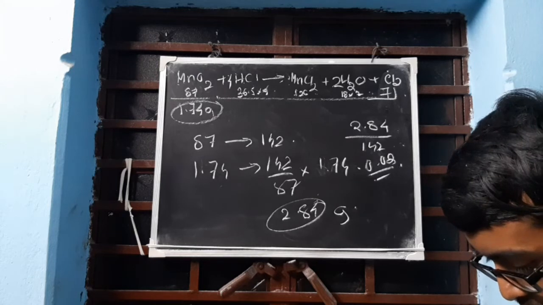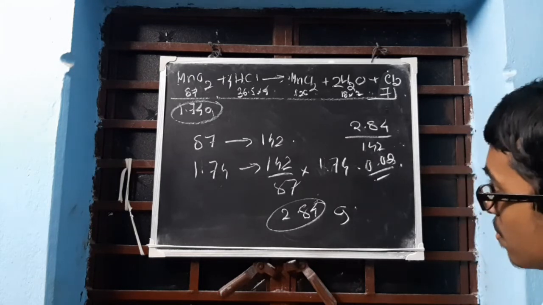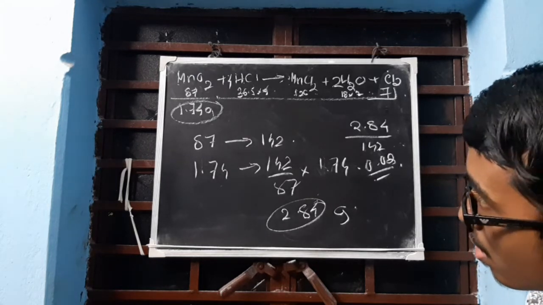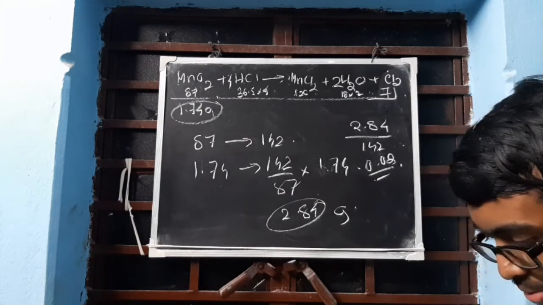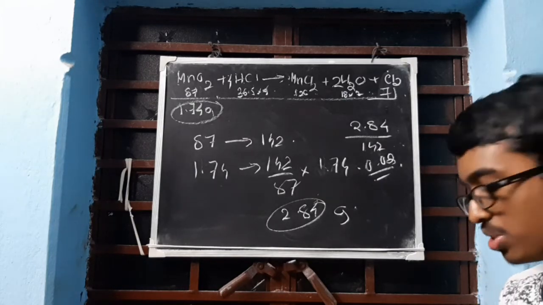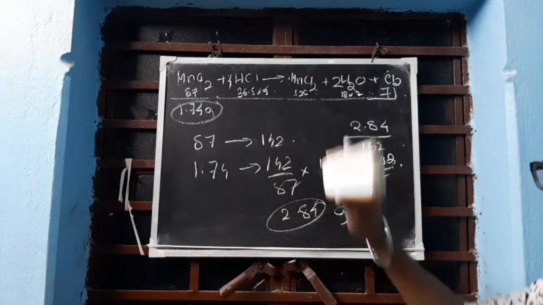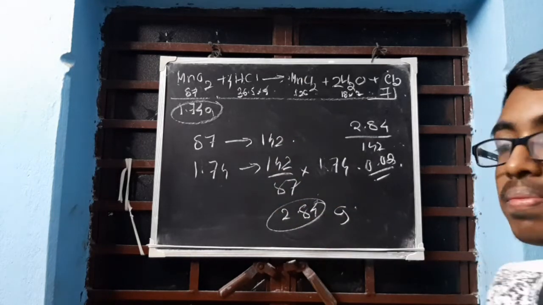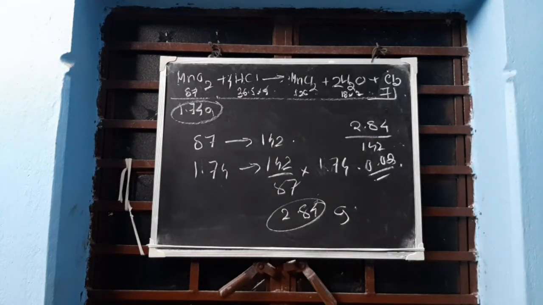So 2.84 divided by 5.5. Okay, answer is 0.08. Again, there is an error. The error I have found out. Have you all found out the error? If you have found out, do let me know in the comment.